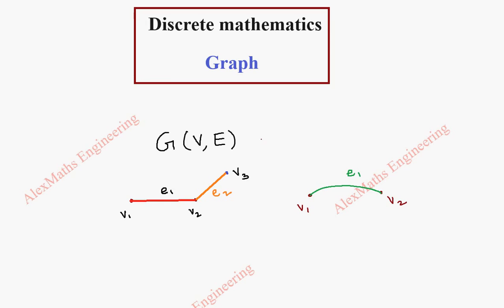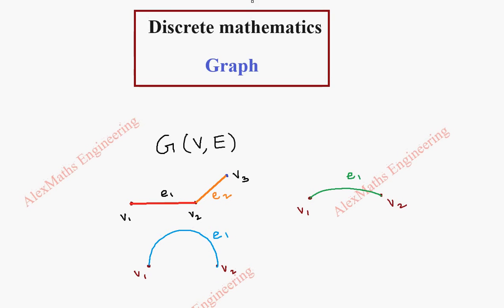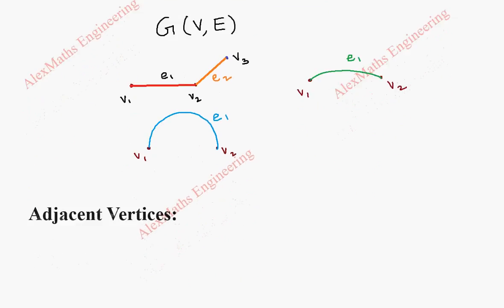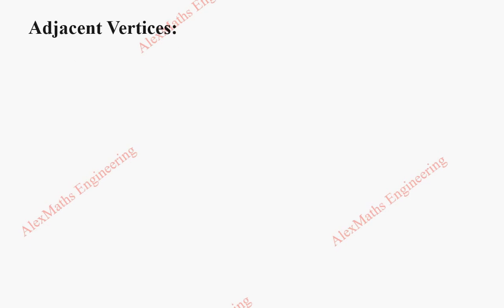In the same way, if I have V1, V2, I can also have an edge like this. So this is E1. So it can be curved, it can be shorter, longer, or it can be a straight line.